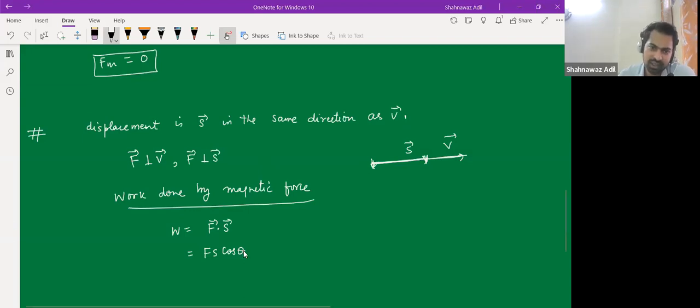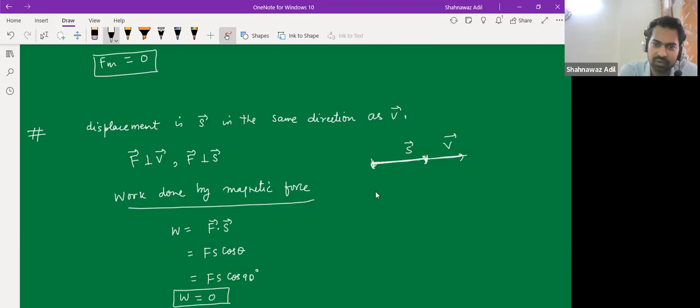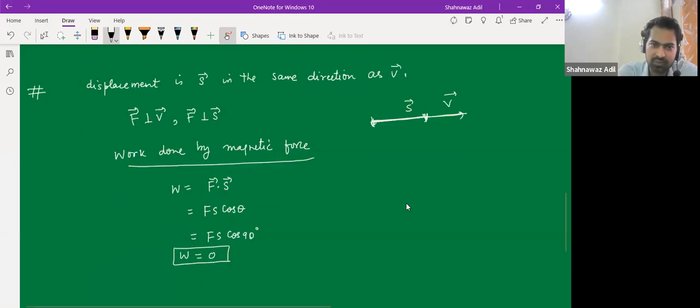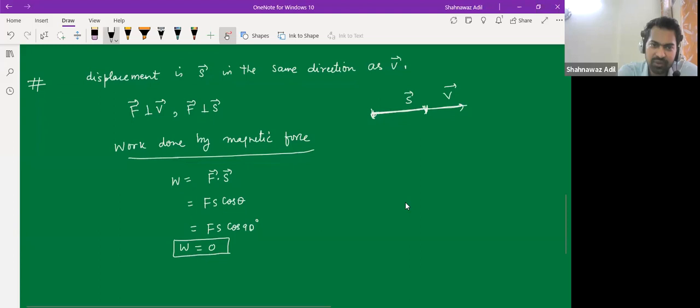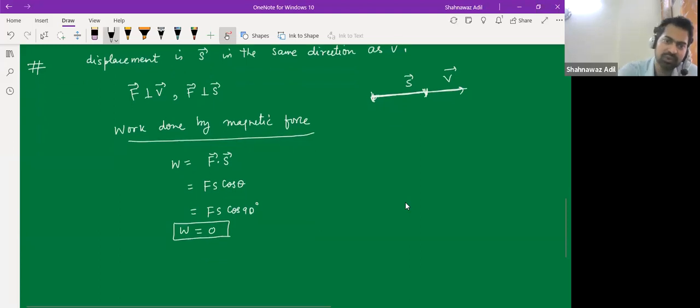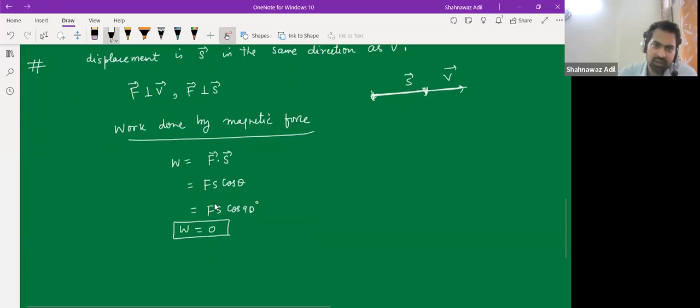So theta is 90 degrees. So this is Fs cos of 90. So this means that work done is zero. Work done is zero for the case of this magnetic force.